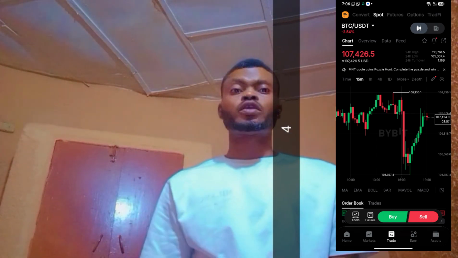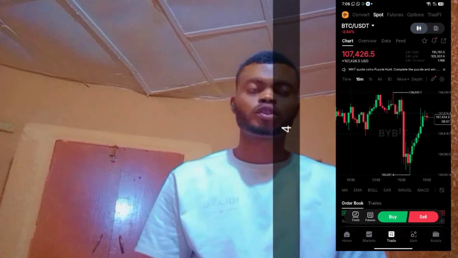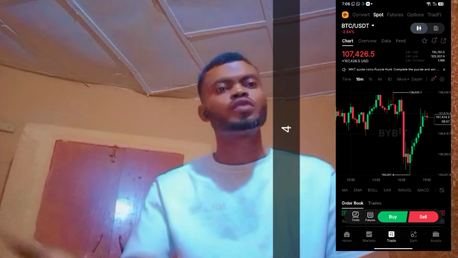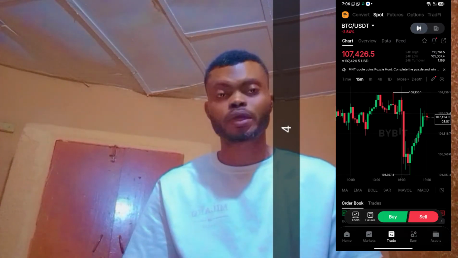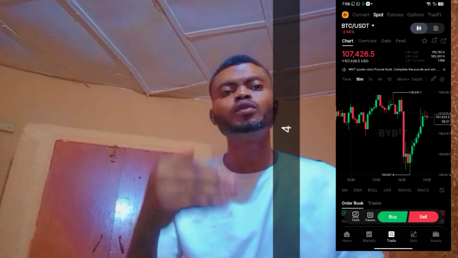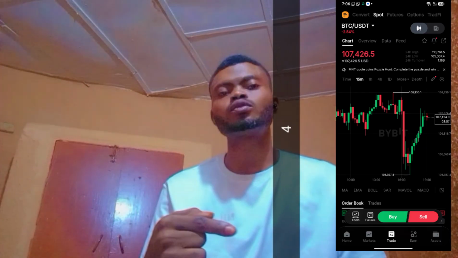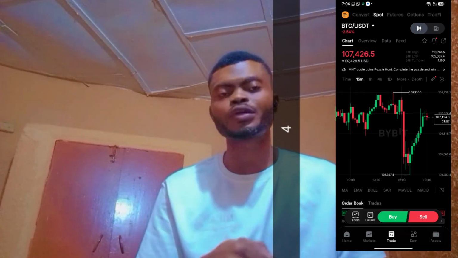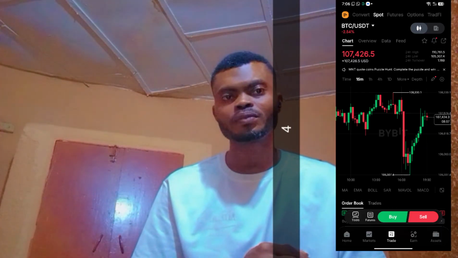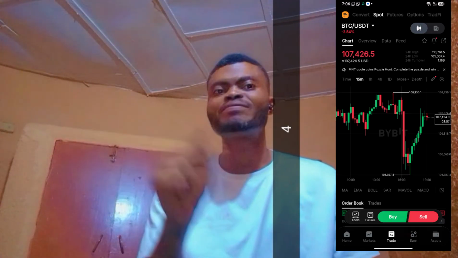Look at it. If I purchase a particular coin at $0.5 with $50, I'll get 100 of that coin. Now look at it. If the coin rises to 1 USD and I still buy with that same amount of 50 USD, what I'm going to get is no longer 100. I'm going to get 50.